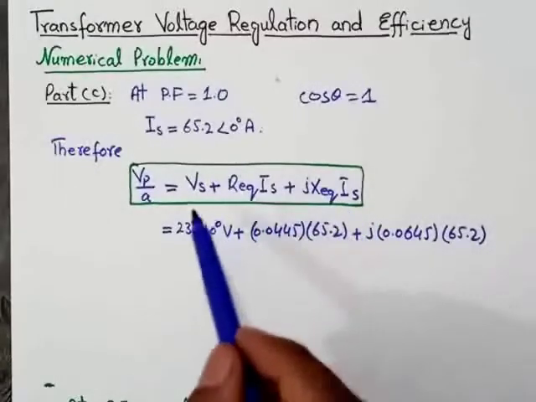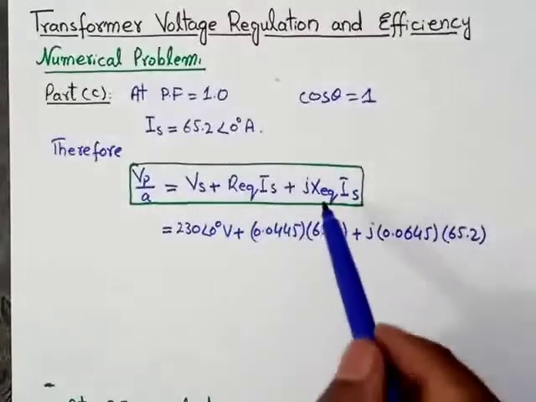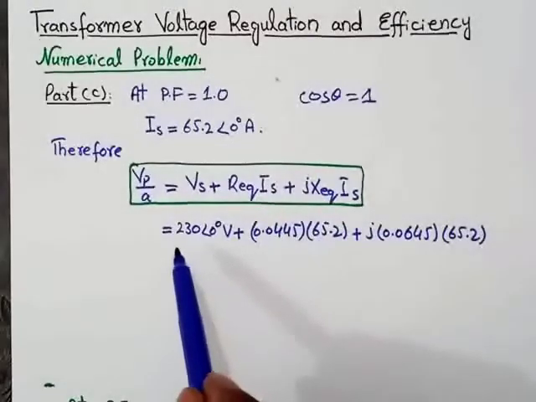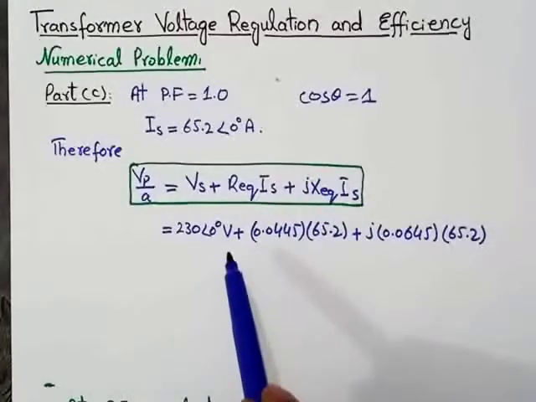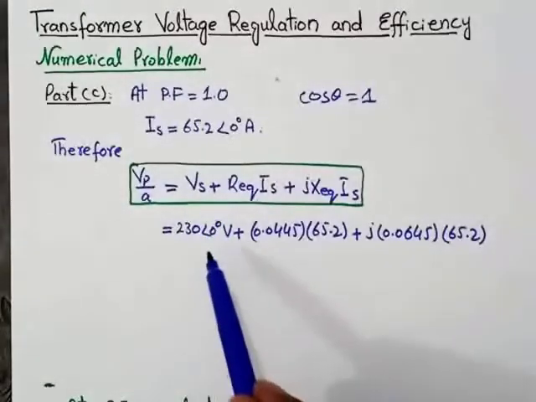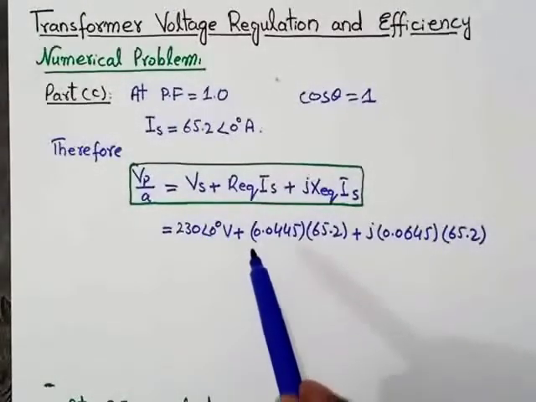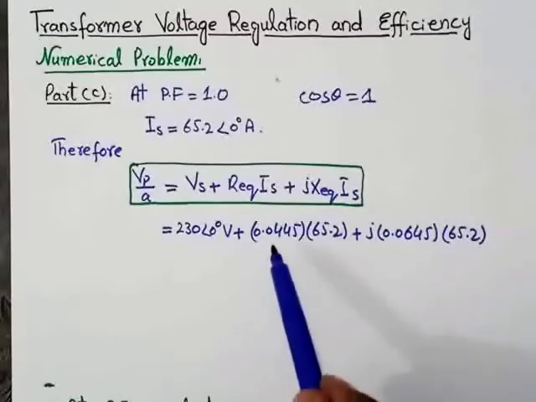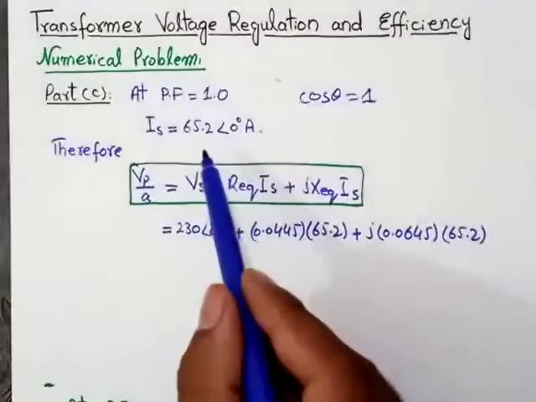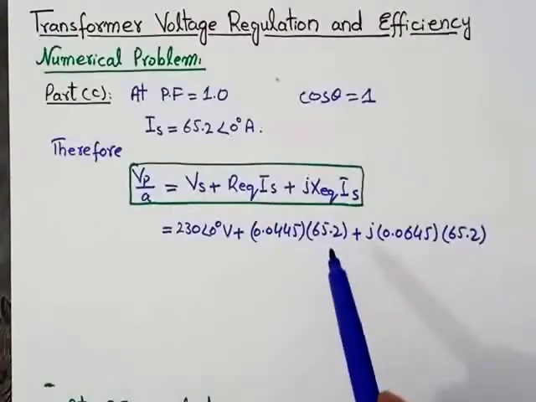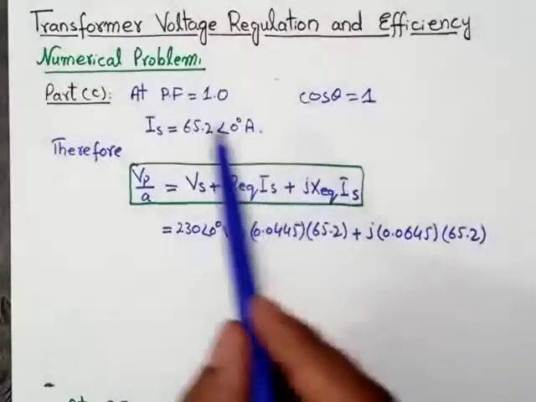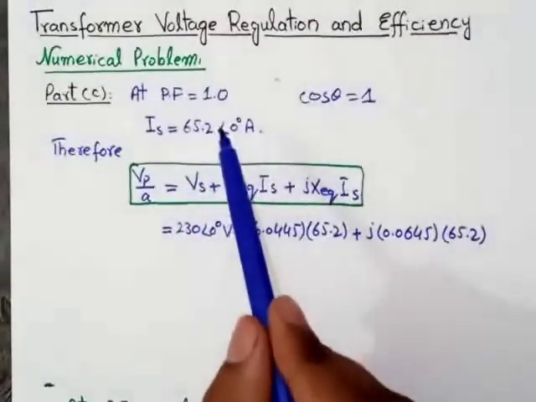Putting the values in this equation, the voltage is 230 angle of 0 degree as given, the value of R equivalent is 0.0445, and the value of the current is 65.2 ampere. The angle is 0 degree, the reason is that the power factor is unity.